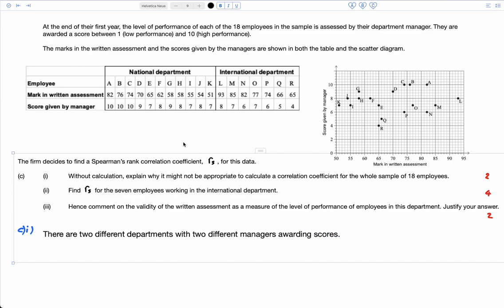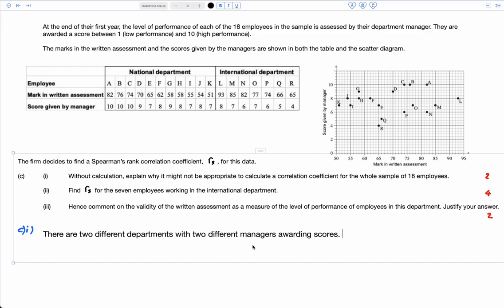So if you look at this, it looks like the international department are getting way lower scores than the national department guys. Now, the question does say explain why it might not be. So this is all speculation.